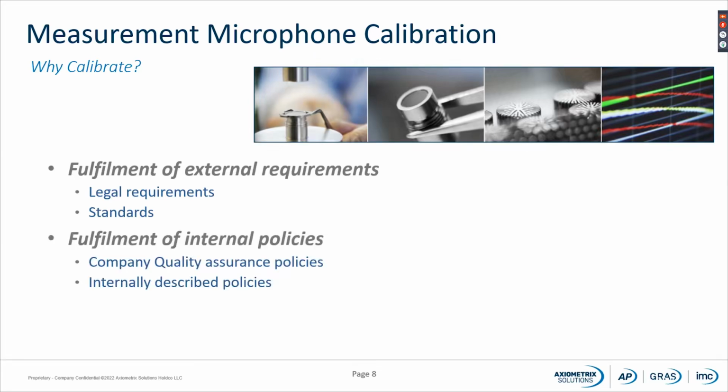It could be that you would like to fulfill internal policies, the company's quality assurance policy, or internally described policies. And of course, you also have to ensure that you are doing the correct measurements. So calibration will give you confidence in your measurements.